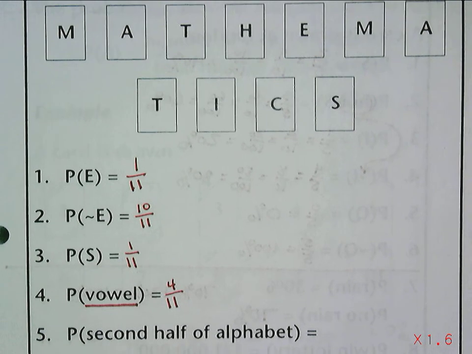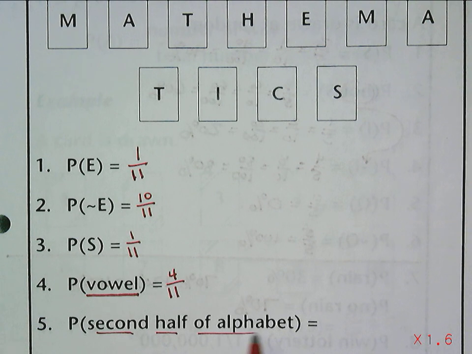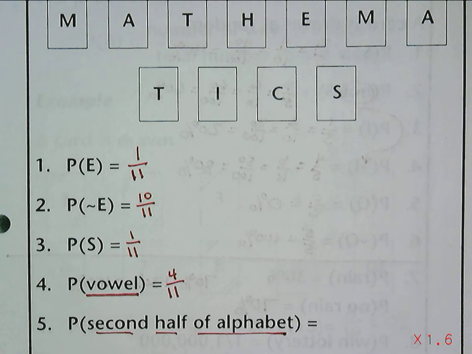All right, now things get a little bit more interesting. So the second half of the alphabet. The middle of the alphabet is the letter M. So after M comes N. And so N is the first letter of the second half of the alphabet.